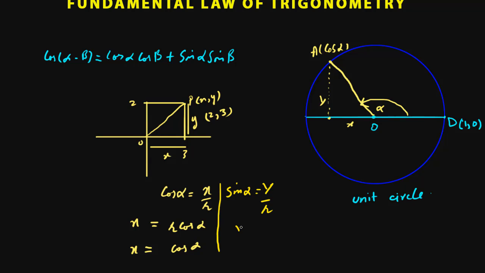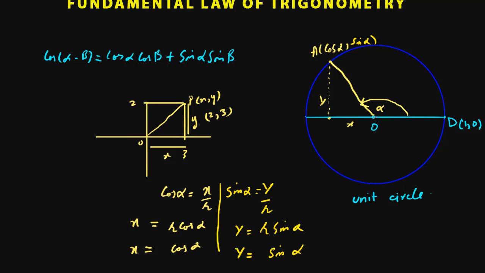Since we are going to find y, r will come here, so y is equal to r sine of alpha, and since r is equal to 1, y is sine of alpha. We found both the x coordinate and y coordinate.